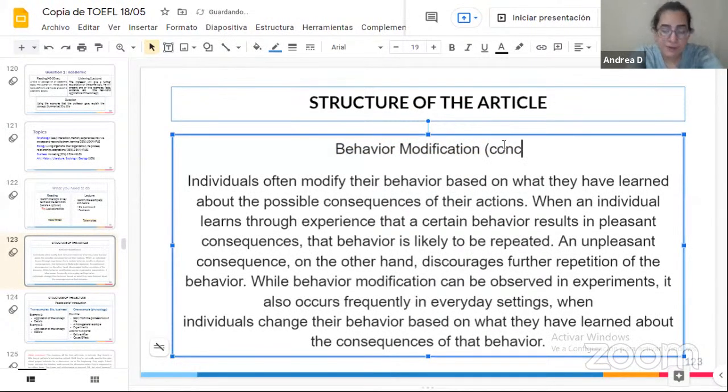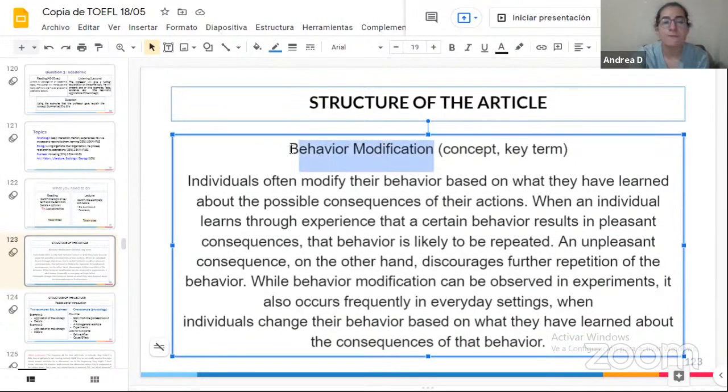This is a specific key term that you need to remember and for sure need to mention in your response. So it's not something that you can change or paraphrase or summarize or avoid saying. It's really going to be there, okay?